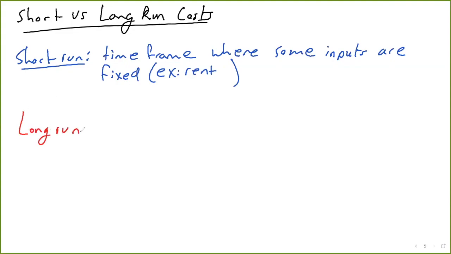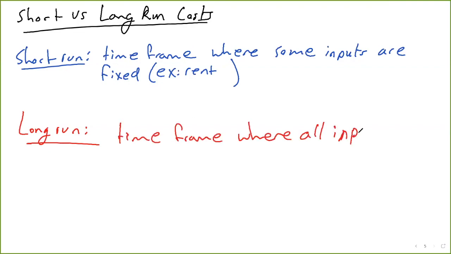The long run is going to be defined as the time frame where all inputs are variable. So again, if you can change your rent year to year, rent becomes a variable cost. So that's the long run. It's whatever time frame you need to pass before you can change your fixed cost.